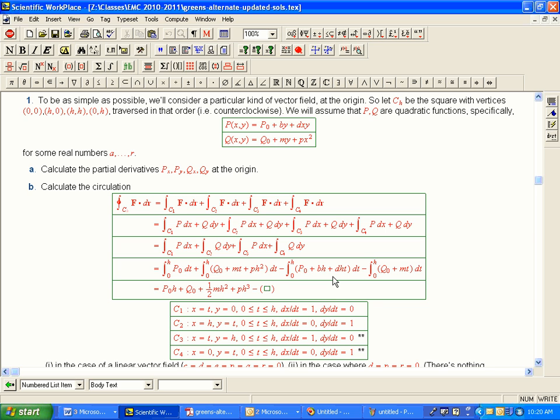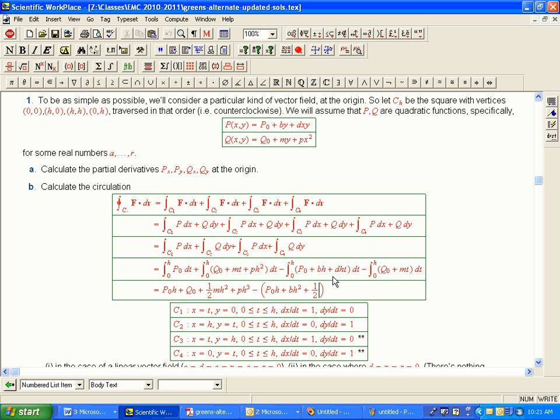Okay, so I got p naught times h, it's just a constant, width times height, plus another constant, bh squared, okay, width times height, and then there's a non-constant one, so that's going to be turned into 1/2 dh cubed, because it's an h here, and then I get a 1/2 h squared from the integral, and then minus q naught h, yet another constant function, and then one more linear turned into a quadratic, 1/2 mh squared.